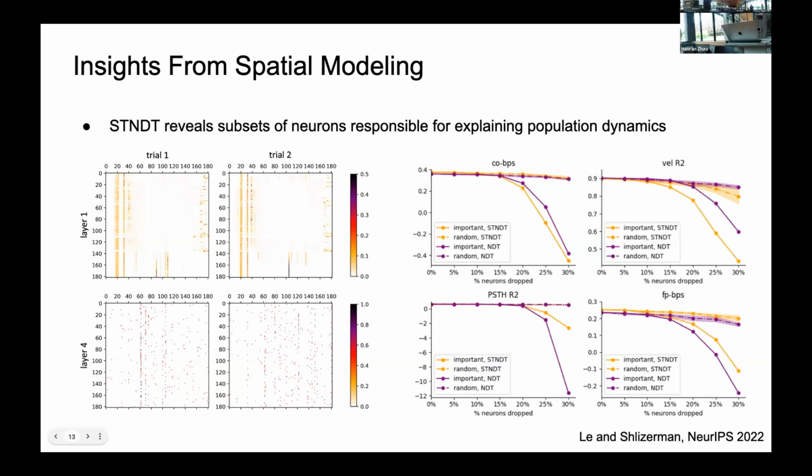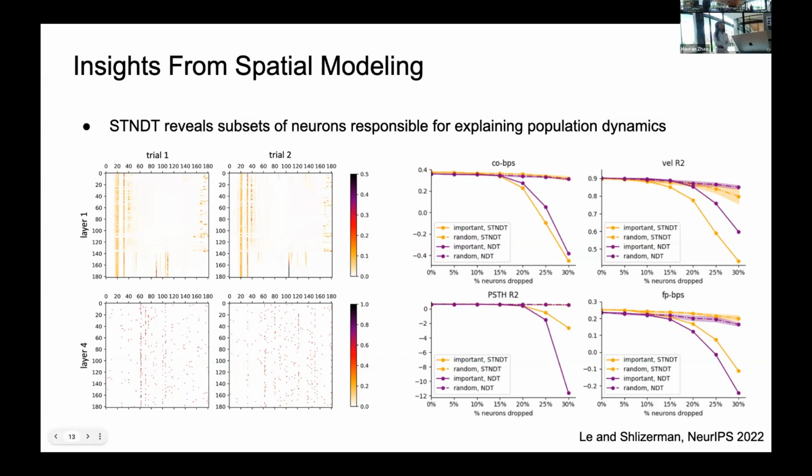The last thing is that from modeling the spatial dynamics, we can get some insights into how the neurons in the population collectively encode the behavior.